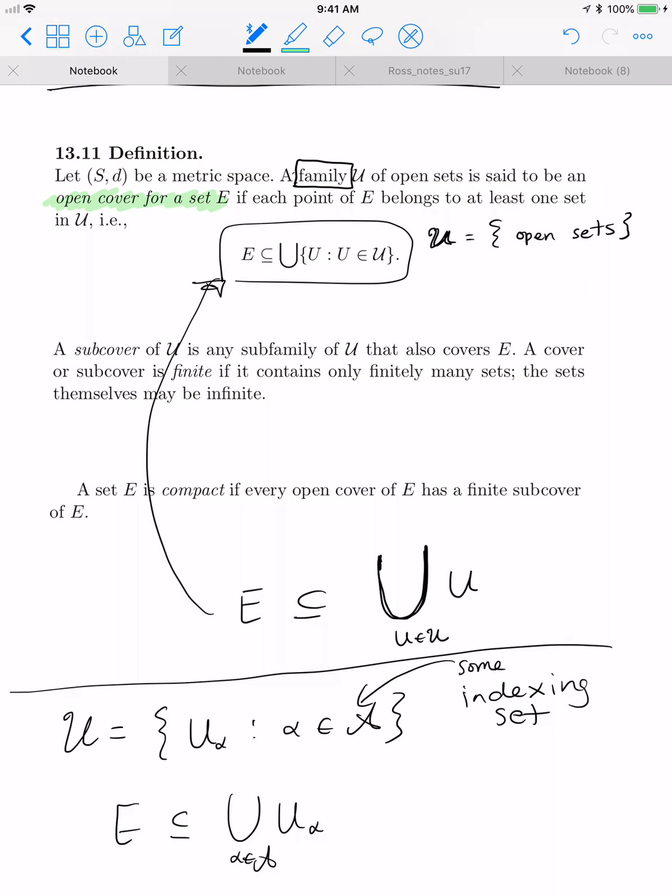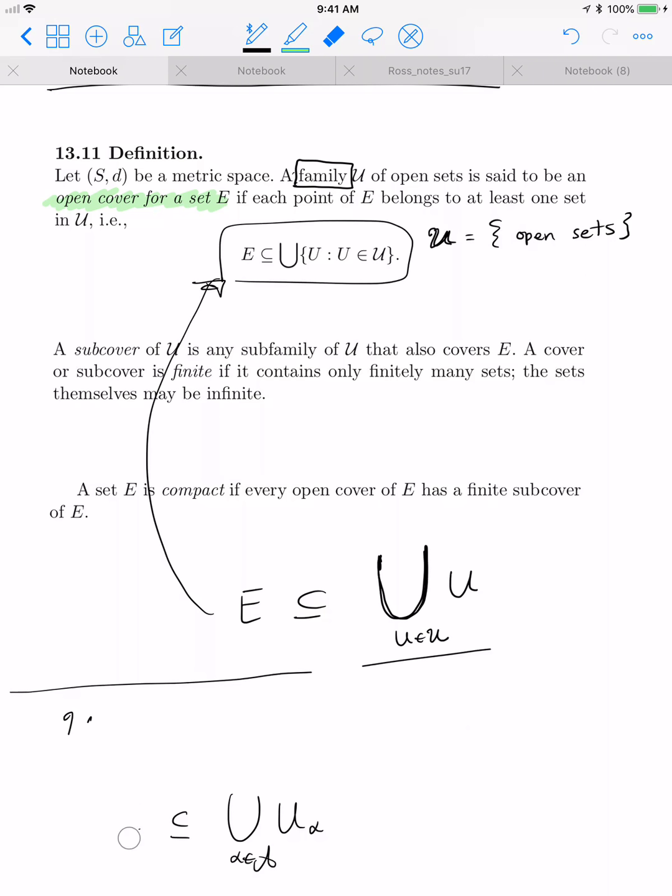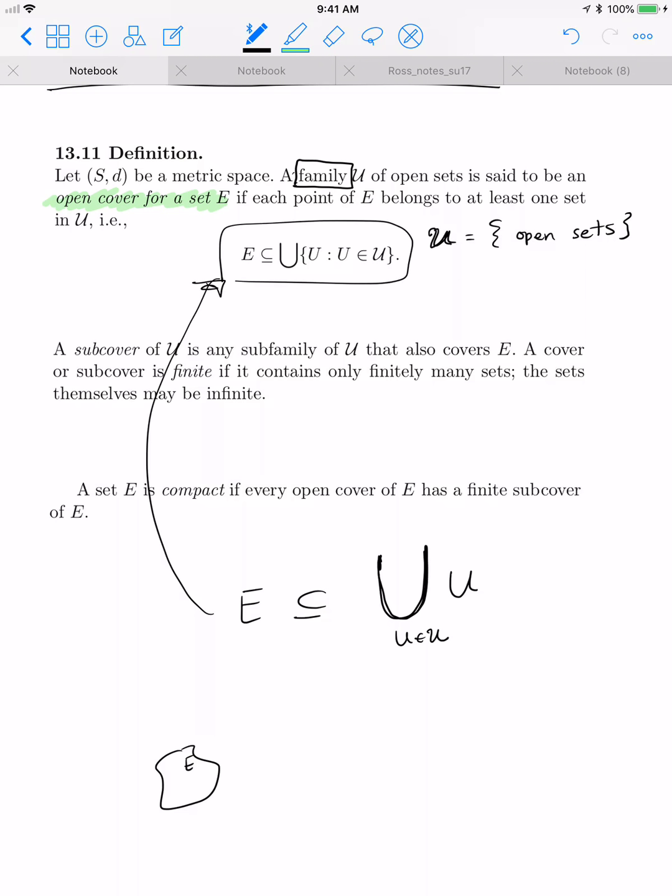So any way you do it, basically what you're saying is, in terms of drawing a picture here, that E is covered by all of the elements in script U. So here's E, and script U is a whole bunch of open sets, right?